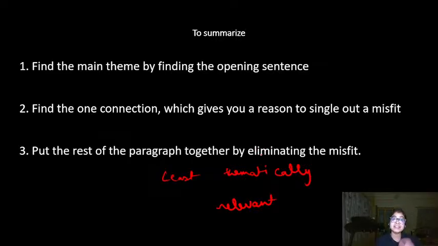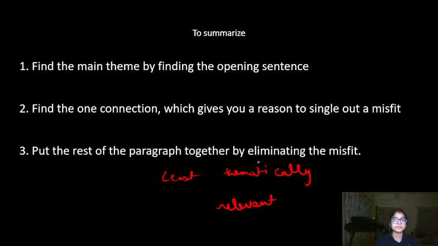A sentence that is least compatible will be your odd one out. Your odd one out is not going to be a very obvious one. It is going to be connected to the theme, but it is going to be least connected as compared to the other three or four statements.